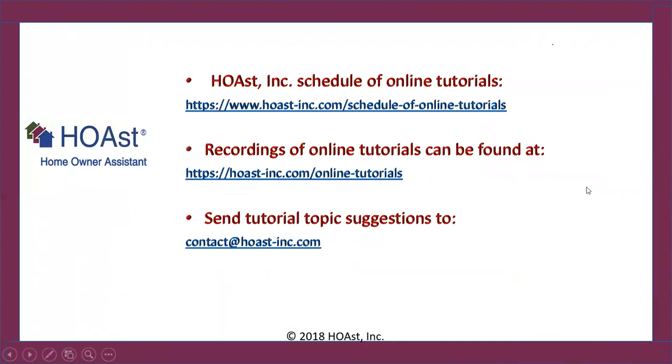First one is, how do I get to the myHOAst site? What credentials are needed to log on? When a community does business with HOAst, the first thing they do is provide us their data, either an Excel spreadsheet or a connection to the property management software. We use the data that they provide us and create the site.